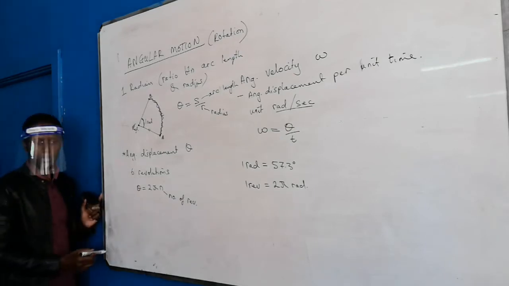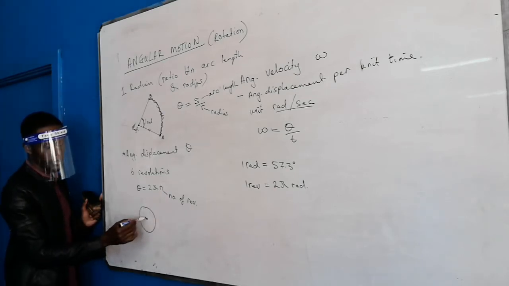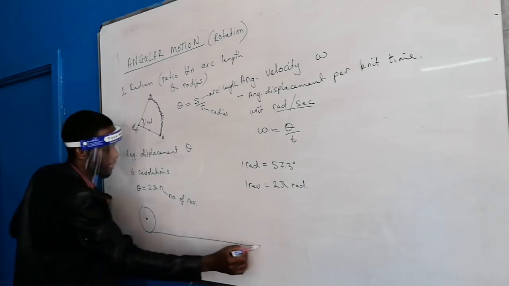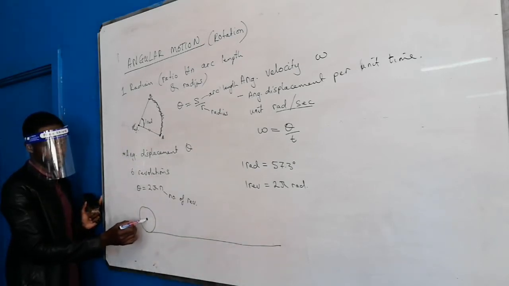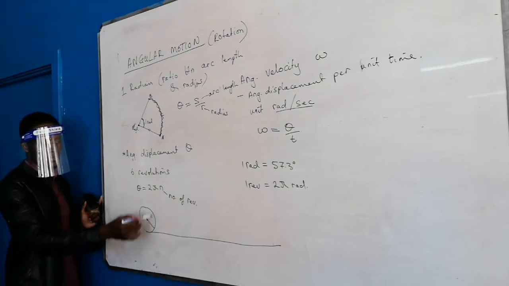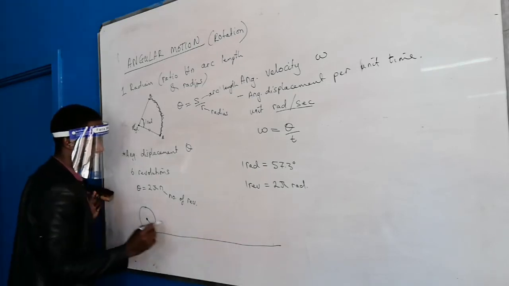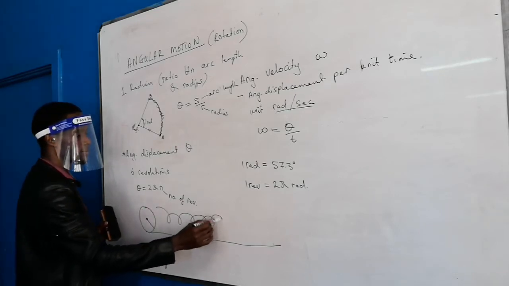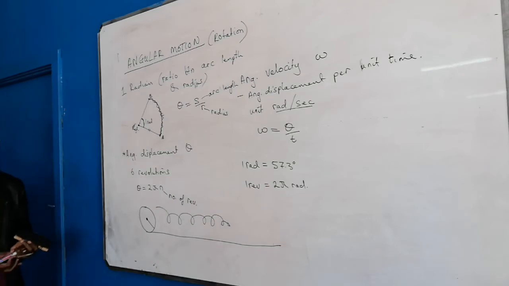If this is 6 revolutions, let's say it was a wheel of a car or a bicycle or whatever. This wheel of a car makes 6 revolutions on the ground, going in that direction.